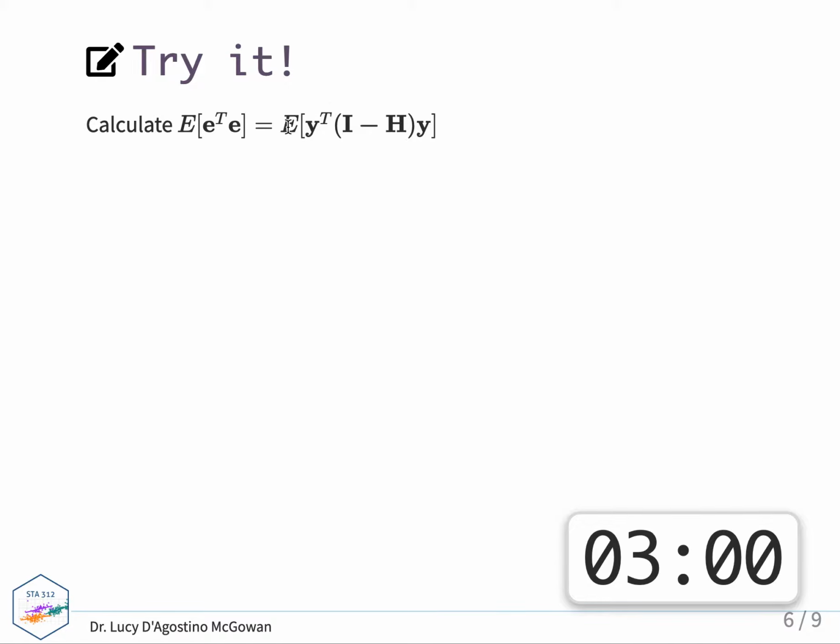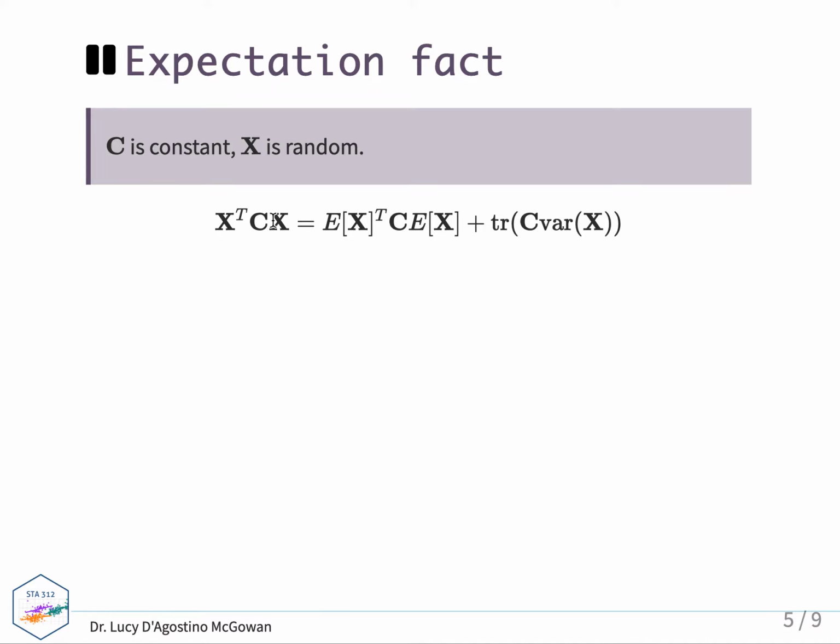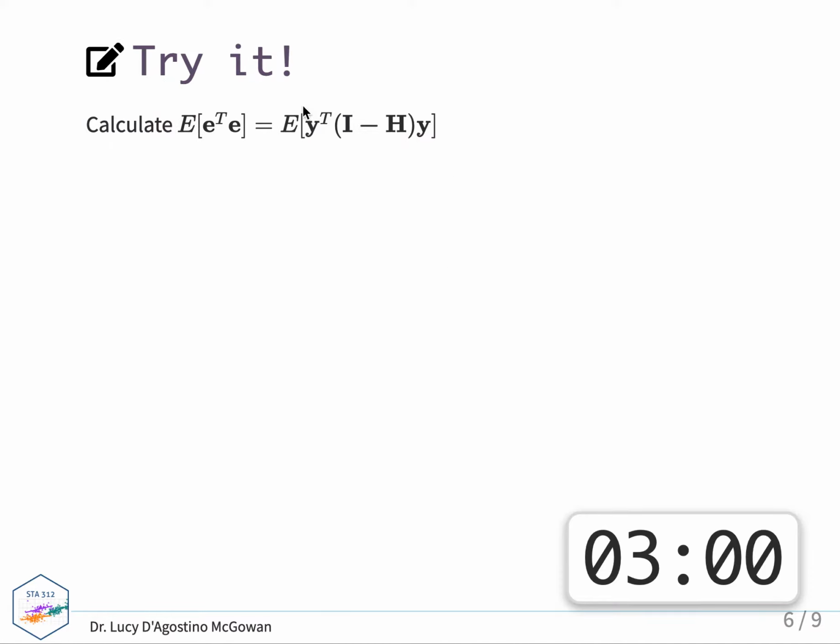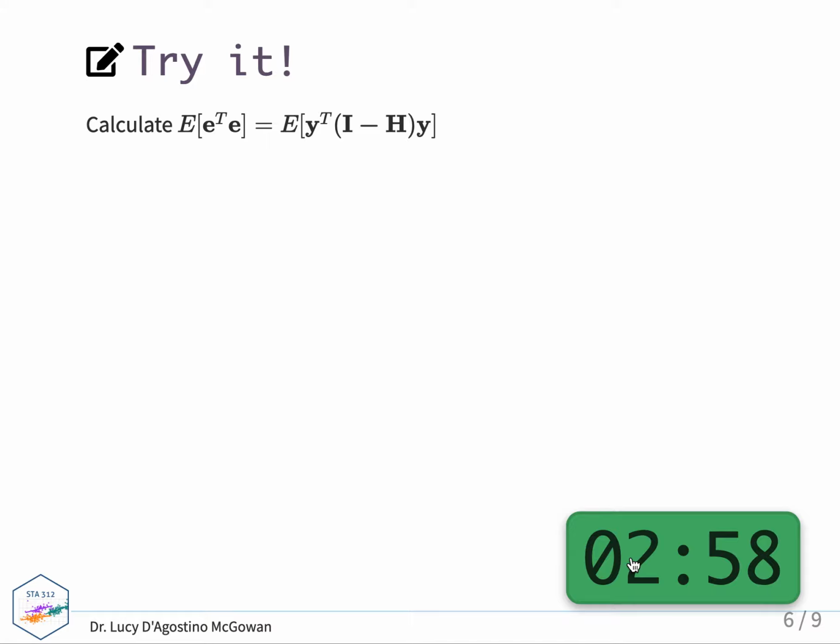You'll notice that this formulation is the same as this matrix fact, where Y is random on either side, and the part in the middle, I minus H, is a constant. Maybe we can remind ourselves of what the components of H are and why that's a constant. So go ahead and calculate this expectation using the fact I gave on the previous slide. I'm going to give you a couple minutes to work on that.